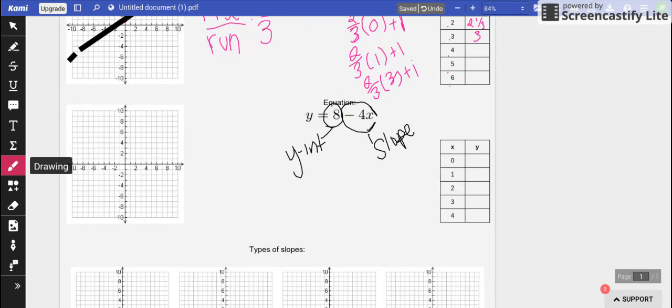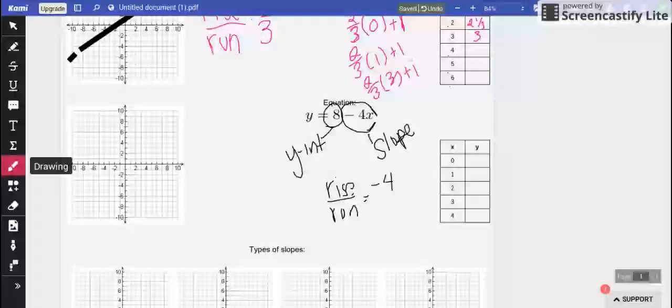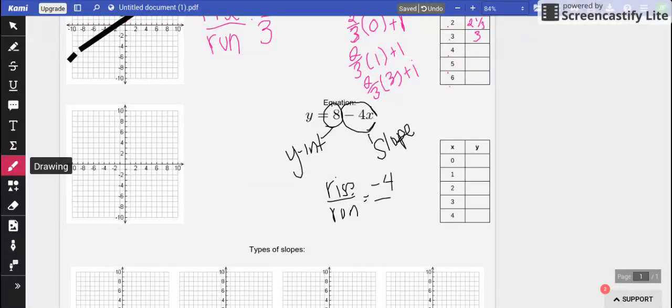So if I want to graph this, I know that my slope is rise over run, and I have a negative 4. But then I'm thinking, I don't know what my run is if my rise is 4. So if there's ever not a fraction for your slope, you can make that a fraction by putting a 1 underneath of it. So negative 4 is the same thing as negative 4 divided by 1.